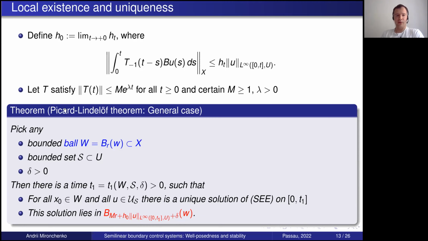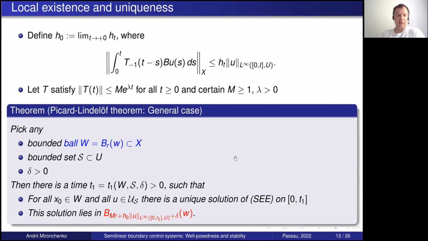Because first of all, our semigroup can increase the magnitude of the state quite rapidly, let's say infinitely fast, because we do not have uniform continuity of the semigroup. And also our input operator can, within infinitely small time, drive us away from our initial point. So actually, it is not possible to improve this result.